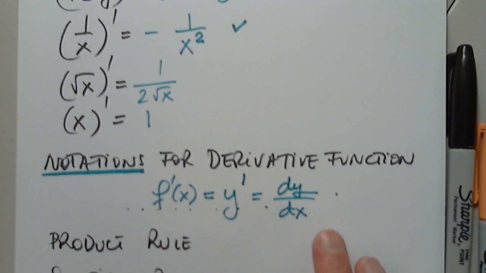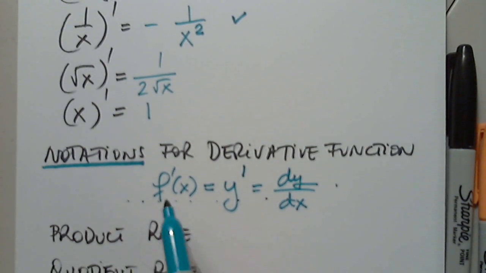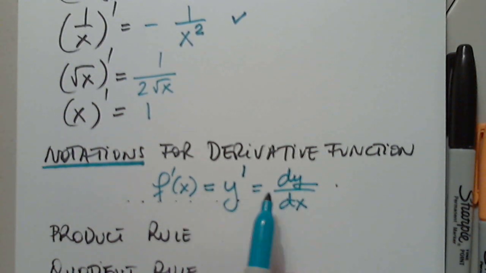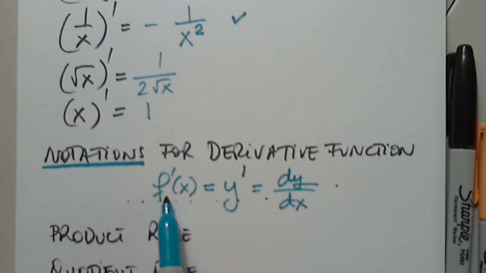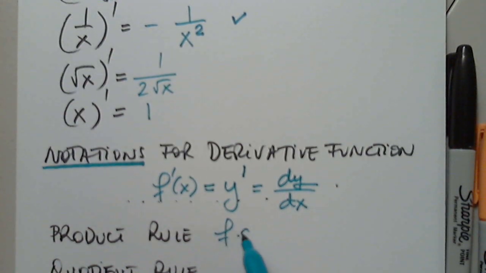I hope everyone will find the time to review the videos from last class. So these are the 3 notations that we will be using interchangeably in this class: f prime, y prime, or dy over dx.